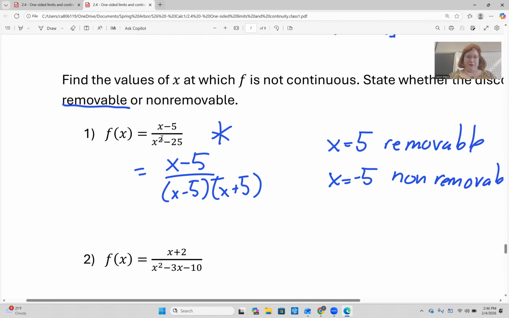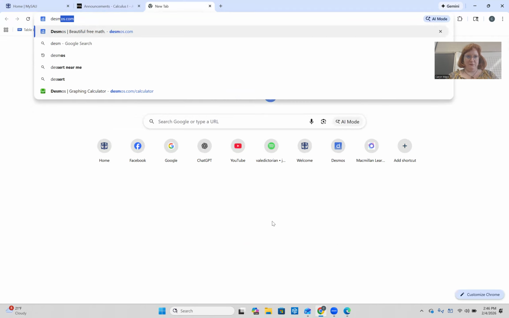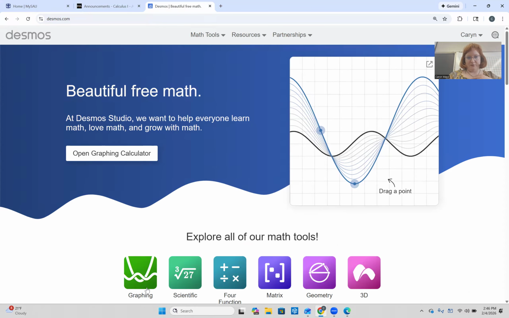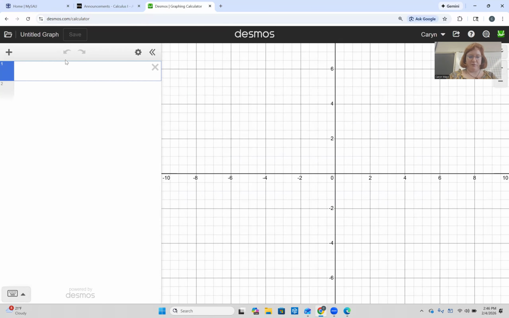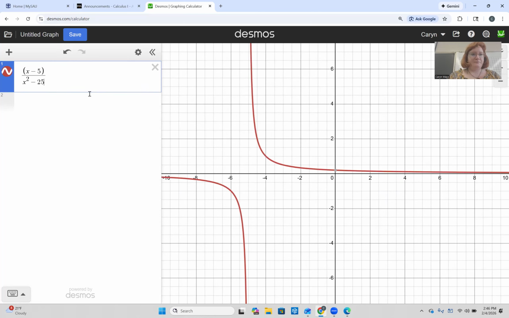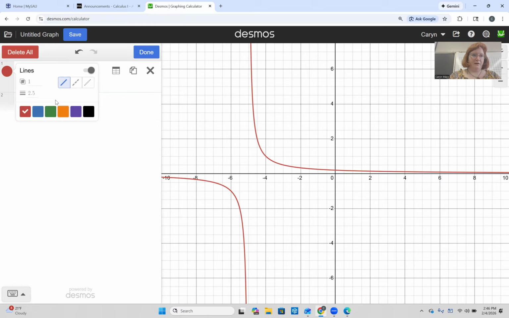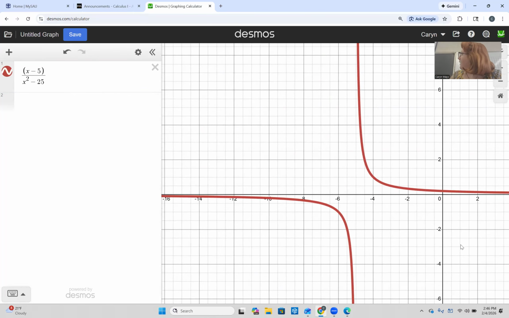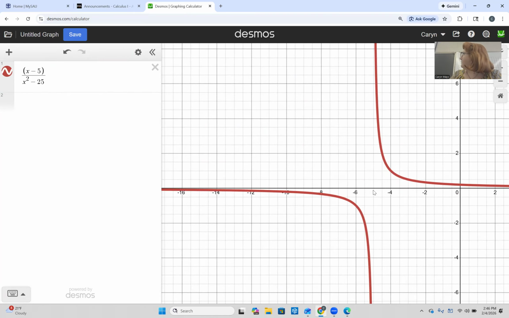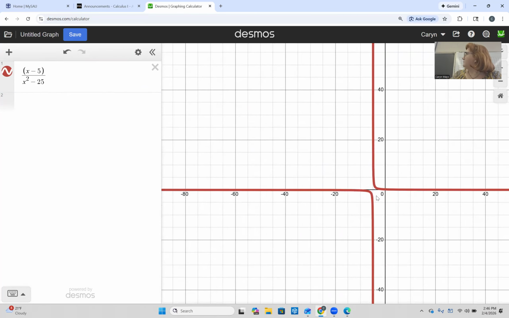Let's actually look at that graph real fast to see what I'm meaning by the cancel away versus can't. It was x minus 5 over x squared minus 25. Here it is. At x equals -5, we've got a vertical asymptote.